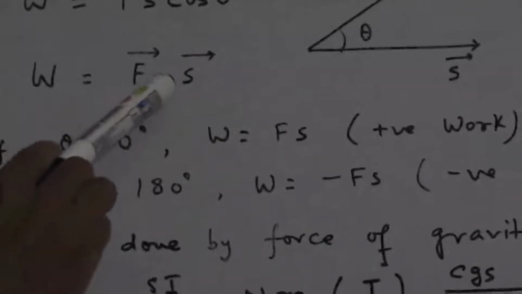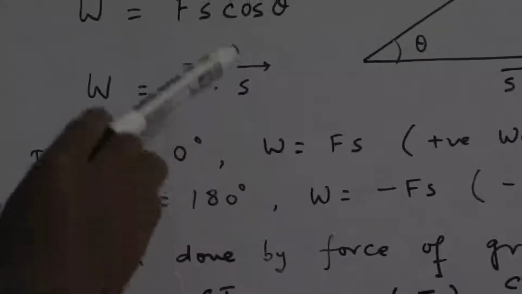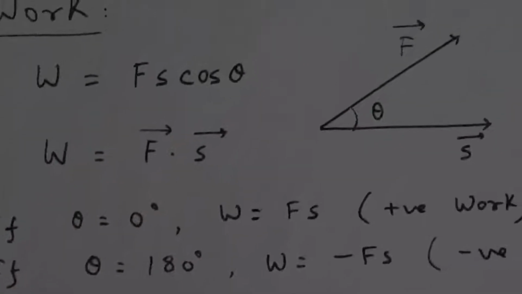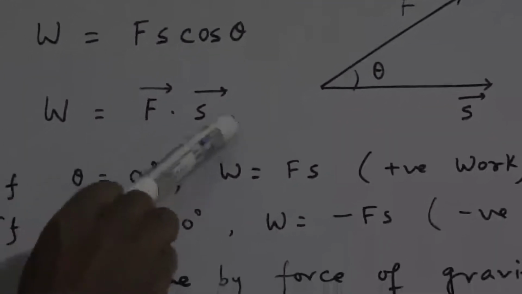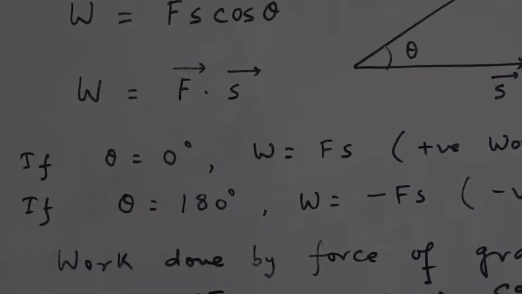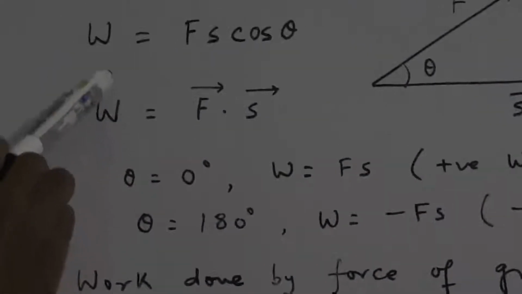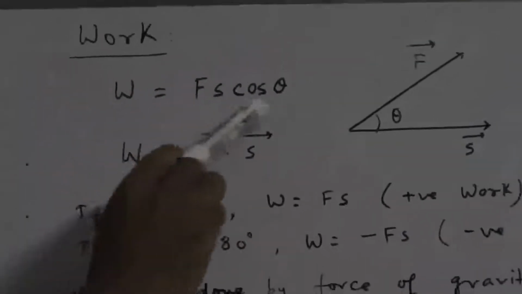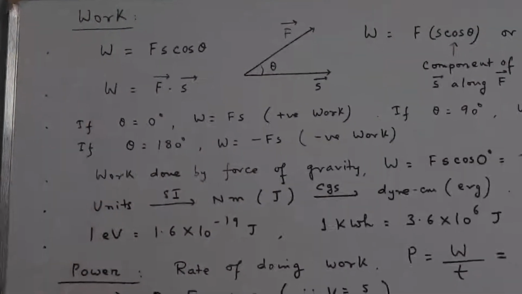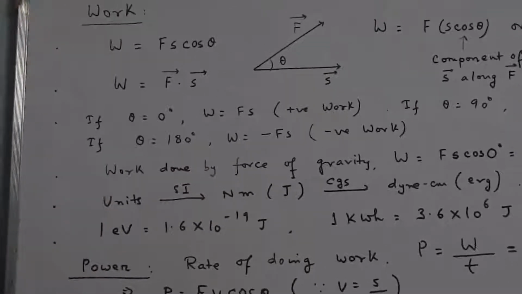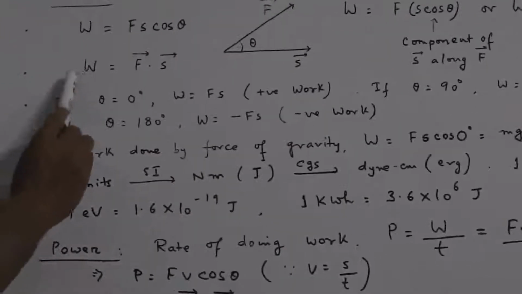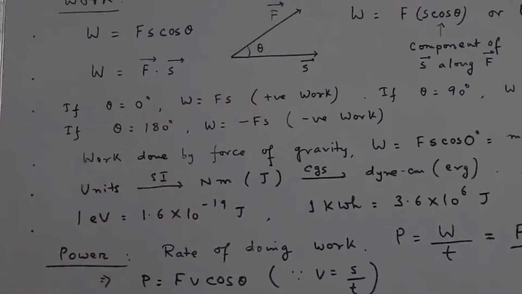This dot is nothing but it includes the cos theta along with the force and the displacement vector. So just symbolically this is an expression, and the equivalent form that we have to remember is Fs cos theta, because details of vector algebra and dot product and cross product are discussed in class 11. So this is just a symbol for the time being.